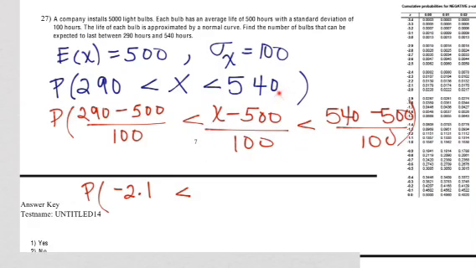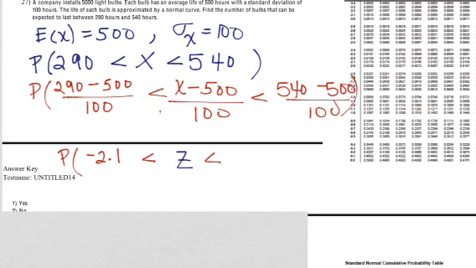Once you subtract the mean and divide by the standard deviation, the purpose of doing all this is to transform this random variable X into this whole expression, which is now a standard normal random variable. So once you do the subtracting and dividing, you can call the thing in the middle z, because z is the standard normal random variable. And then on the right-hand side, you end up with 40 over 100, which is 0.4.